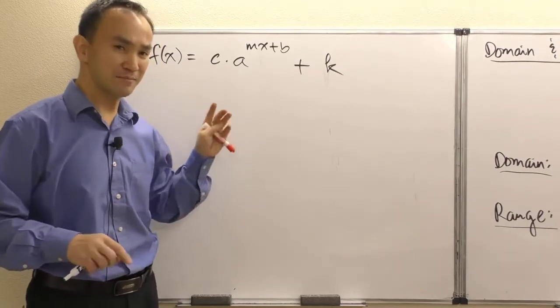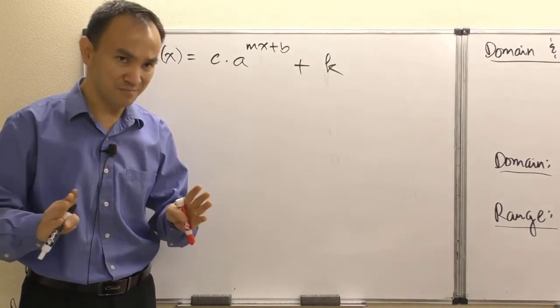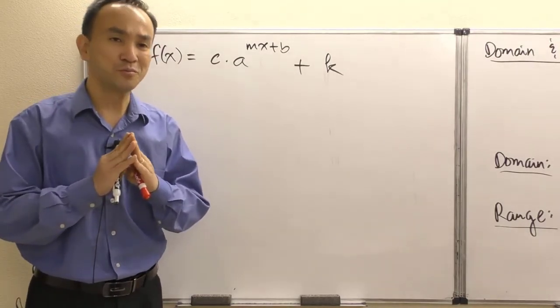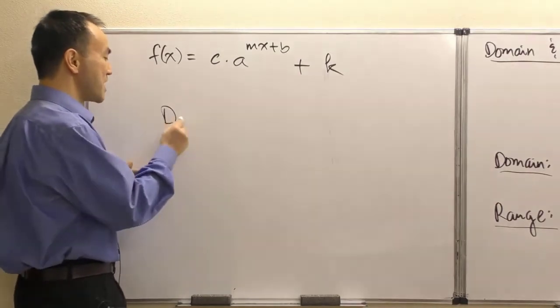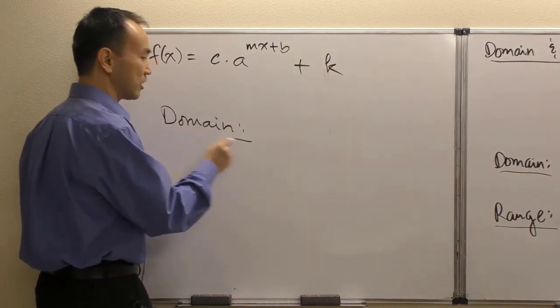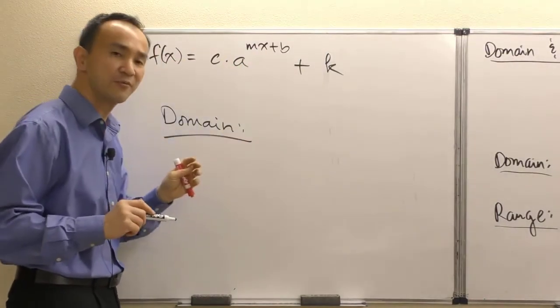I am not going to make you digest the general domain of something like this, because it will involve a lot of math. Every time we change these expressions, it gives a different domain.